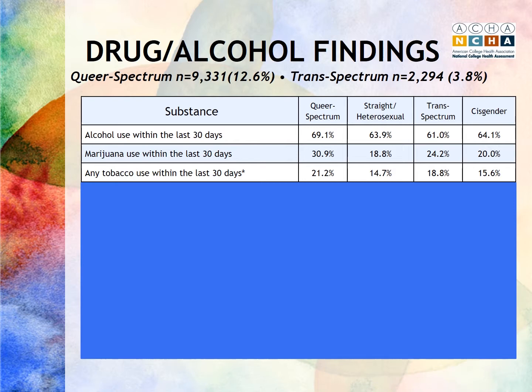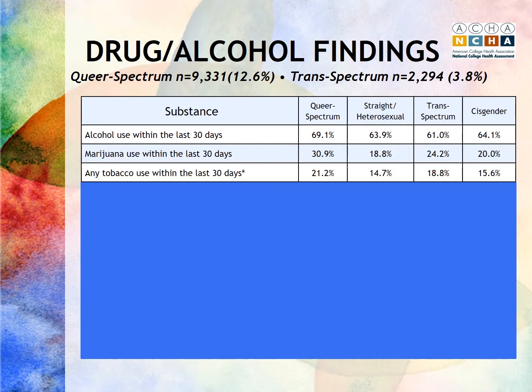And you can see here that in each case, with only one exception, the queer and trans students report higher rates of use of these substances in the last 30 days, with the exception of alcohol use and trans students. The cisgender students actually report slightly higher rates of alcohol use within the last 30 days. But that's really the one exception here.